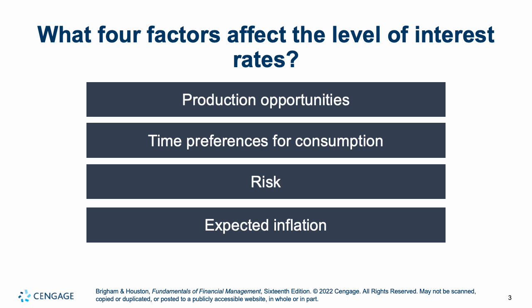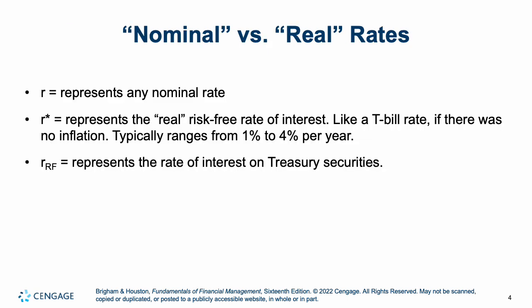So let's take a look at the difference between nominal and real rates. This is something that you may have encountered already in economics. The letter R represents any nominal rate, and R with an asterisk represents the risk-free rate of interest. Usually this is represented by the T-bill rate or the government security rate, and it typically ranges from 1 to 4% a year.